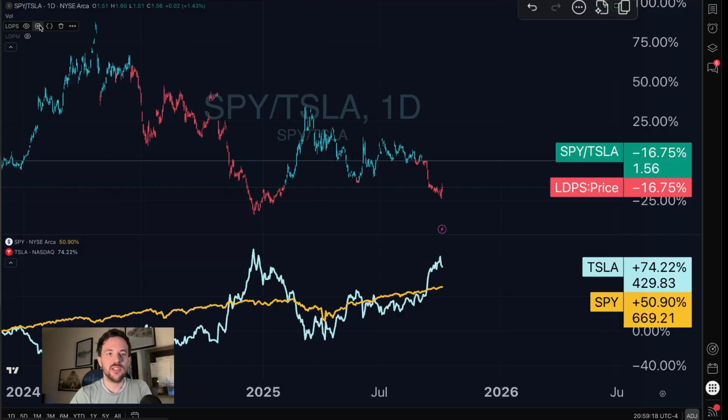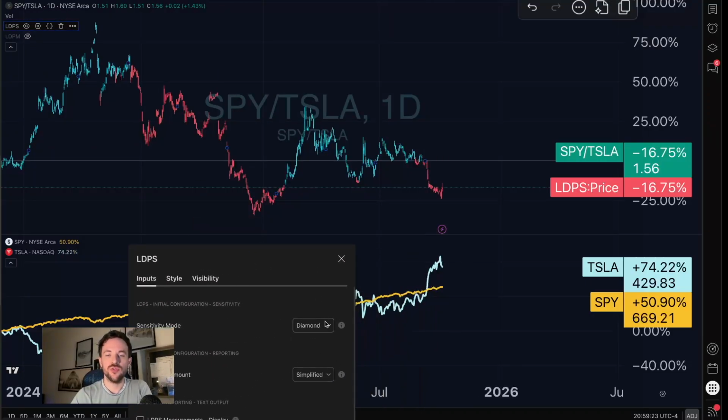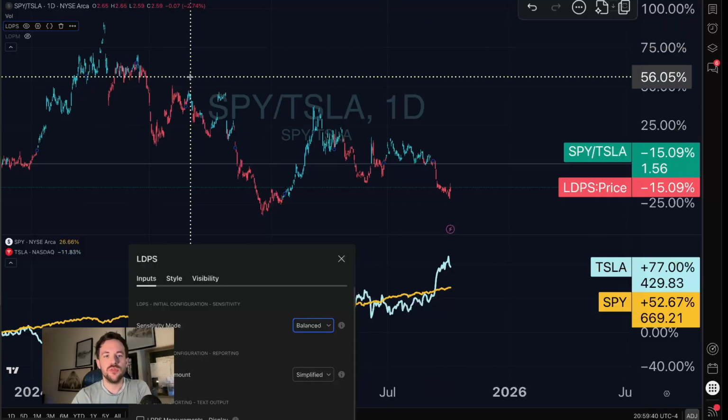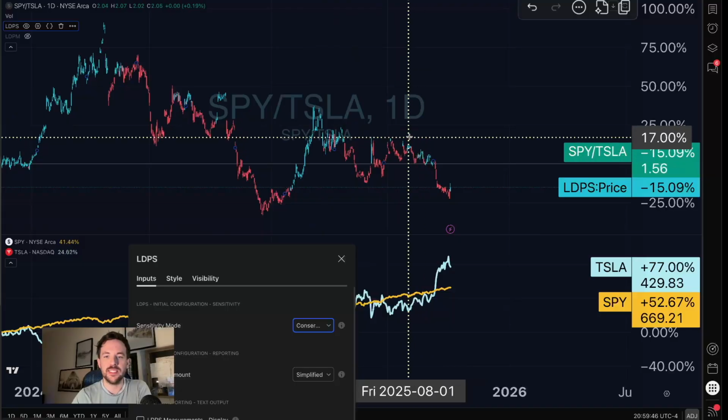But in terms of the settings, I will typically use a higher sensitivity mode, so a more conservative one. The default is balanced. And since this view is designed to give a kind of sturdy relationship between two symbols, I look for which is the least conservative setting that gets us past times when you get these breakout moments.